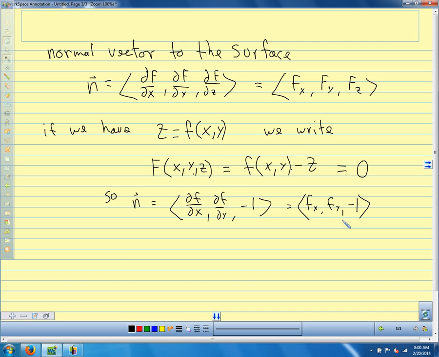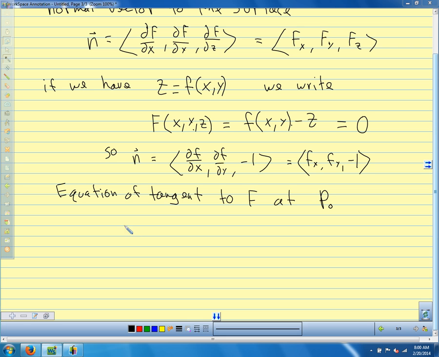So the equation of the tangent plane to our surface, to f, at P0, where P0 is our point on the plane, is going to be f sub x times x minus x0, plus f sub y times y minus y0, plus f sub z times z minus z0, equals 0.